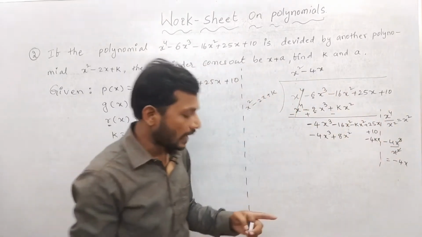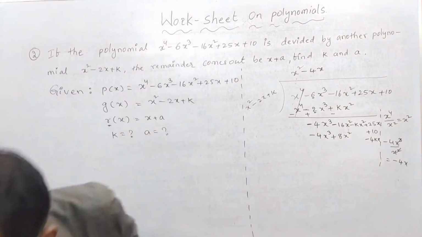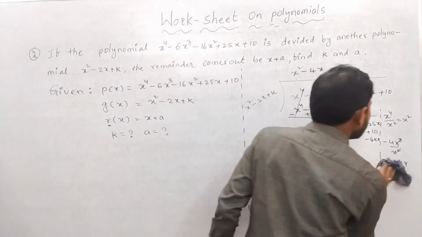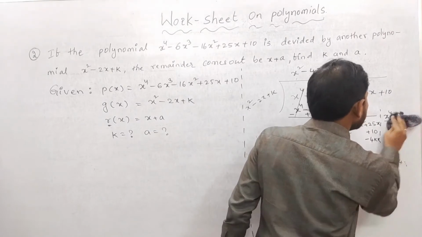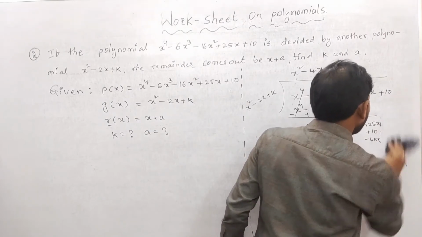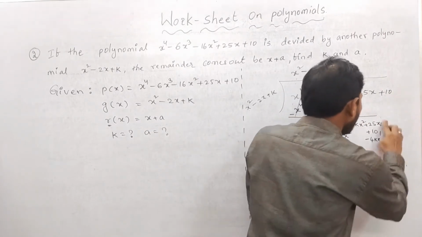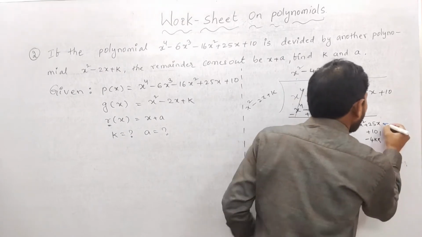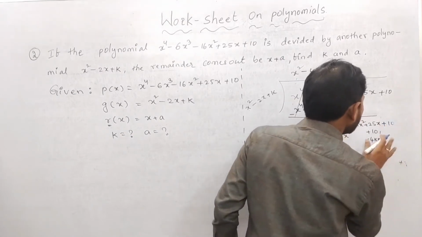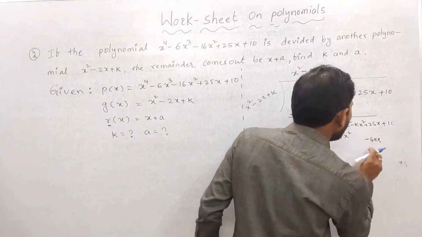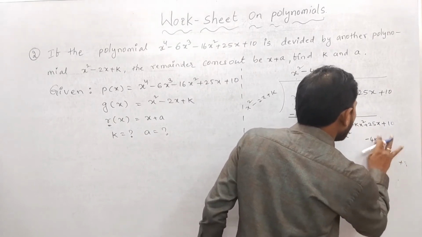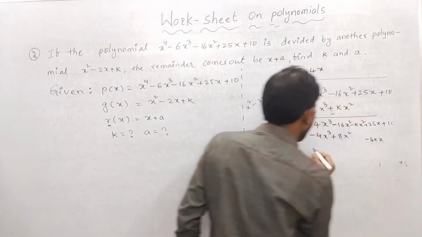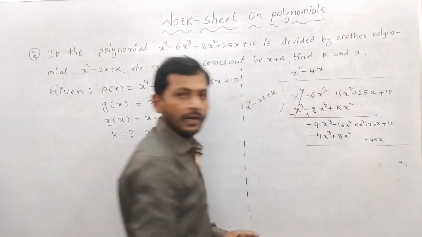A little bit of space is not there. If you get confused, I will rub these things and make it nicely for you. This plus 10 I am writing here, plus 10. Here I removed minus 4kx.